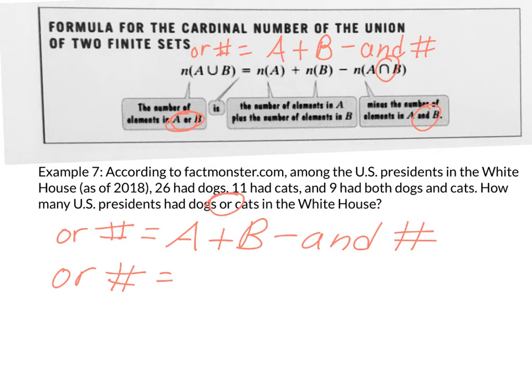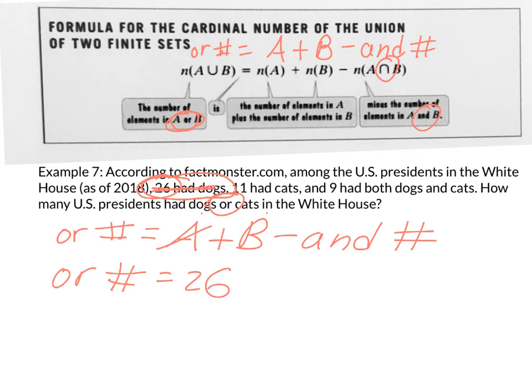The number in one set, well, it says 26 had dogs, and then we hit the comma. As we go back through, we're going to use each of those numbers. So 26 belongs to one set, the dog owner set. So it's your choice. You can plug in the 26 into either A or B. It honestly does not matter. So I'm just going to go in alphabetical order and we'll say A. So A represents all the dog owners, so I'm plugging in 26 into A.